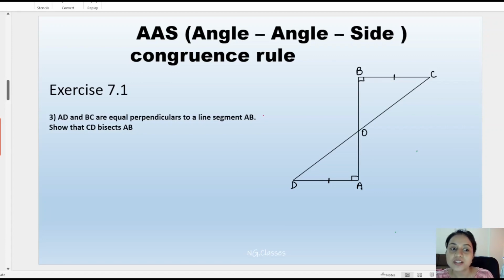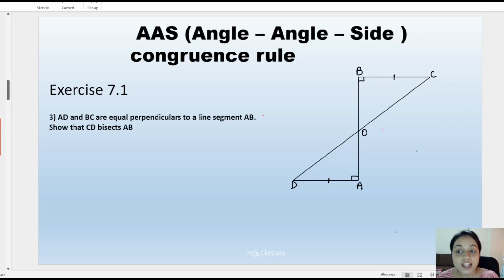So our question says AD and BC are equal. As we can see in the figure, side AD is equal to side BC and both are perpendicular to the line AB, as shown in the figure. Show that CD bisects AB. So we have to show that the line CD is bisecting the line AB.